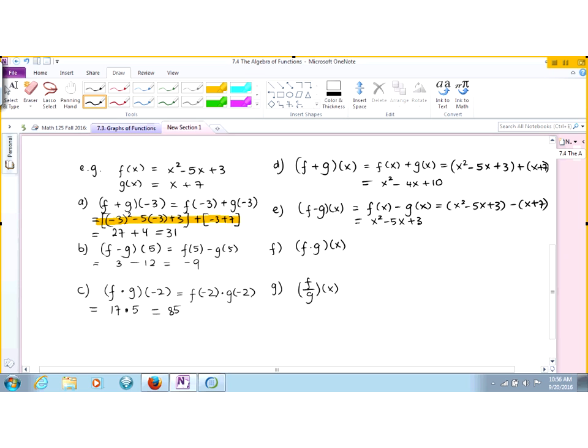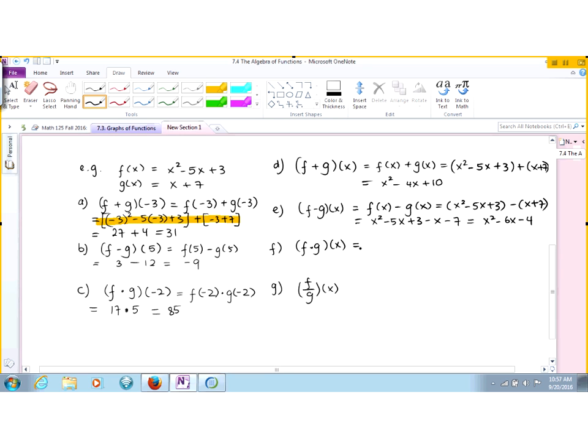So x squared minus 5x plus 3, and then what about these? Minus x minus 7. So combine like terms. x squared minus 6x minus 4. Yes? No? Okay.